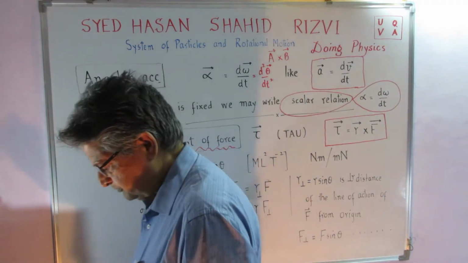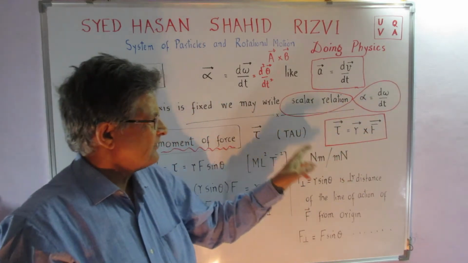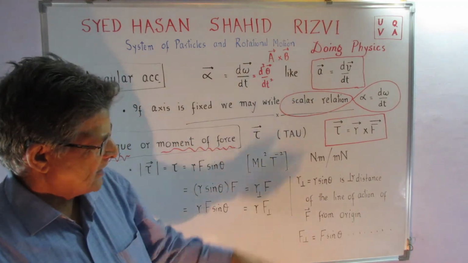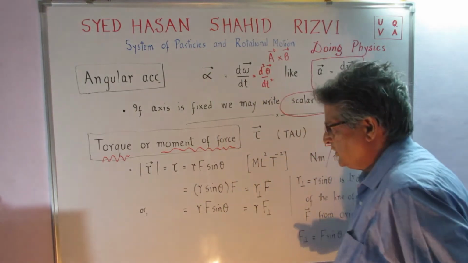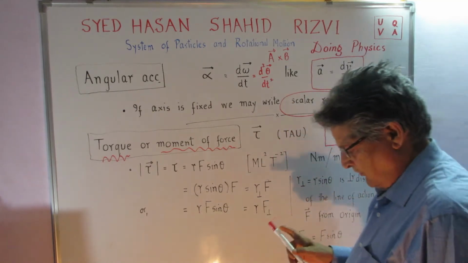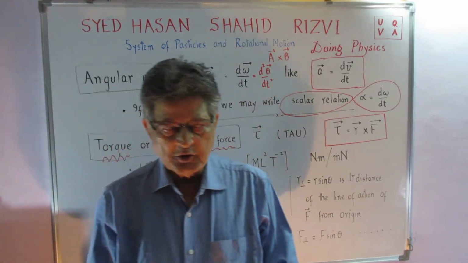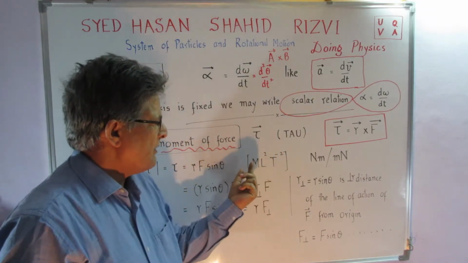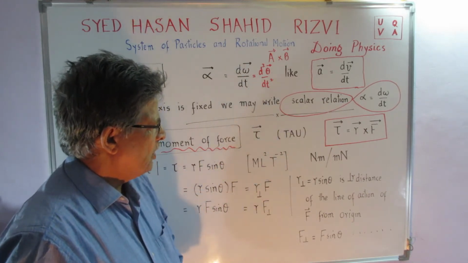It is a new vector which is perpendicular to the two vectors r and F, in keeping with the definition of A cross B, which we have done before. So I'll leave it at that, not emphasize too many things. Now, because it is a multiplication of the dimension of length with the dimension of force, and the force has the dimension M L T^-2, multiplied by L, I get M L² T^-2.